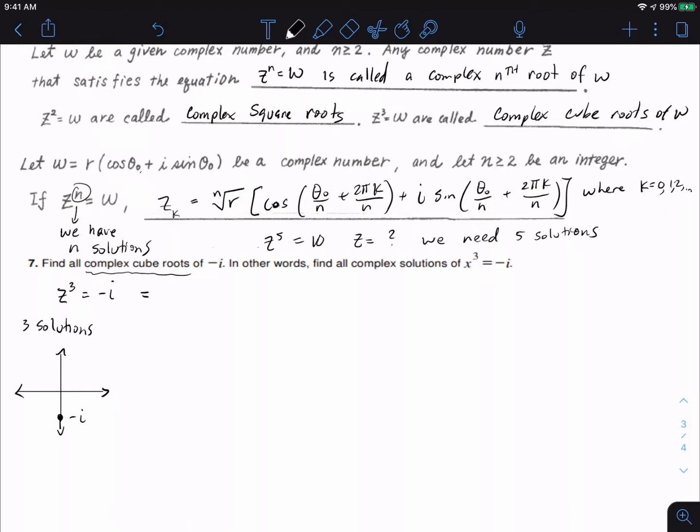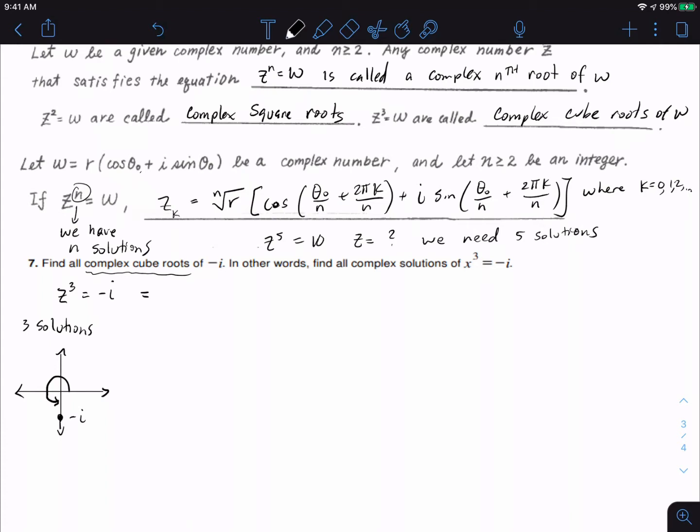So what angle does this create? It's something that we're going to need to know in order to be able to do these problems. So what angle is that?